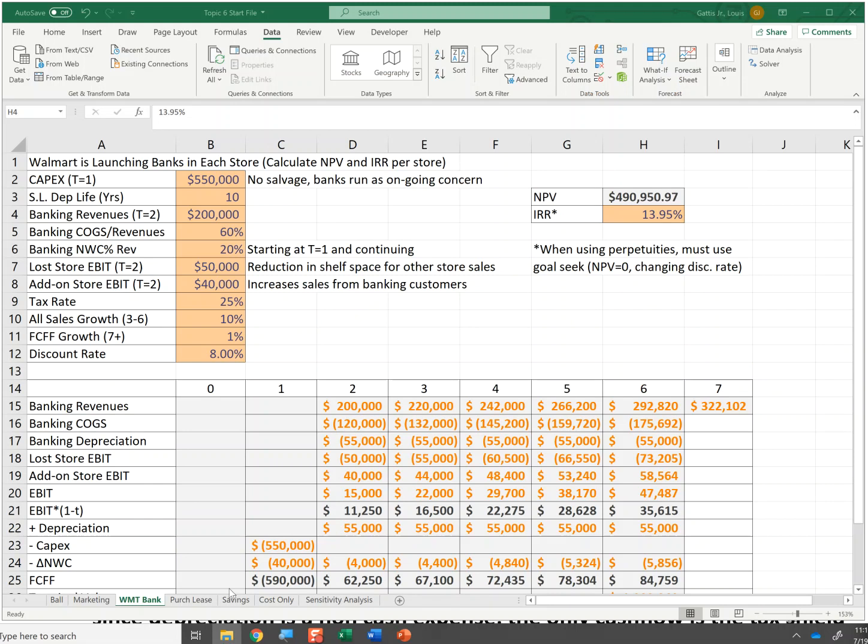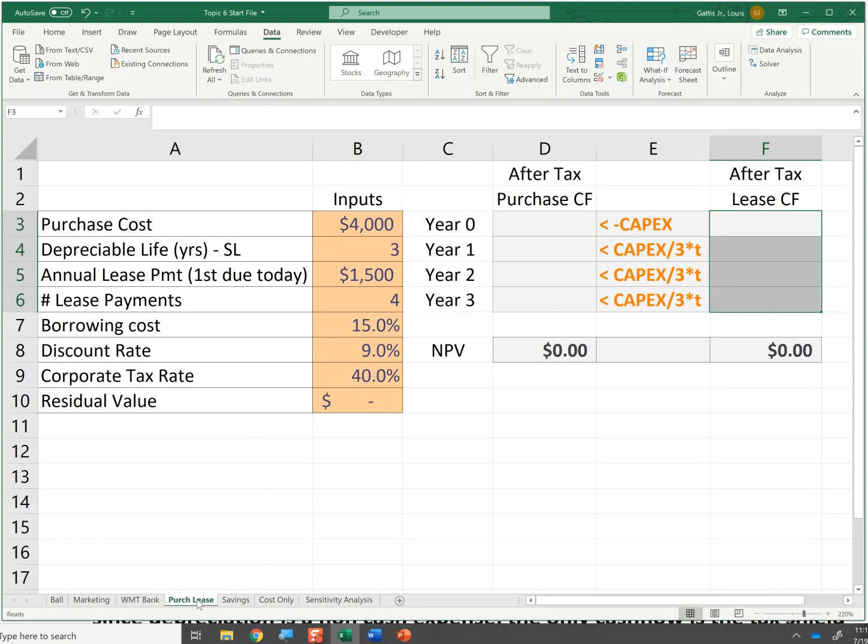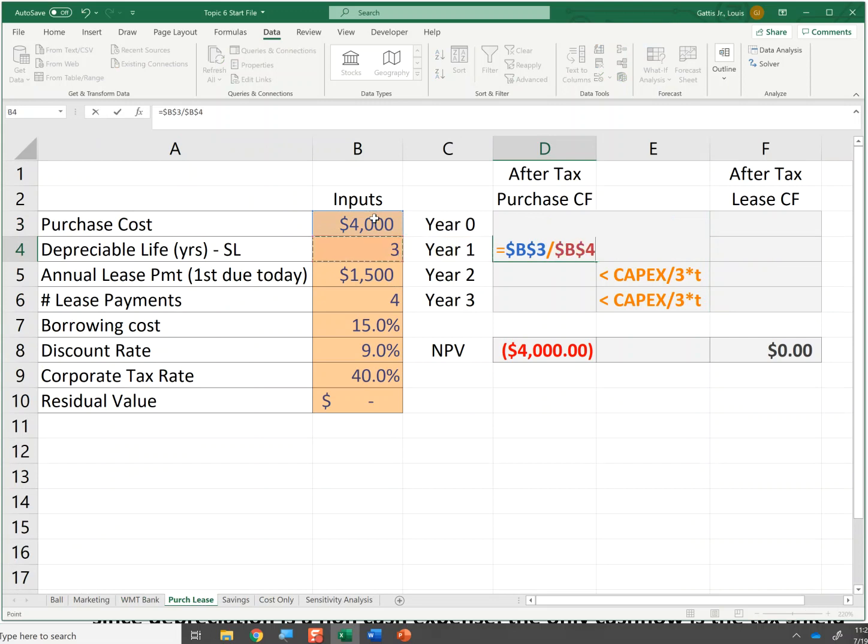So I'm going to go to my spreadsheet, go to purchase lease. There are my cash flows. I can spend $4,000 today. The only future cash flow, I'm going to take that $4,000, anchor it, divide it by 3 years depreciation. That's the $1,333 a year in depreciation expense, times my tax rate of 40%. And there's my 533.